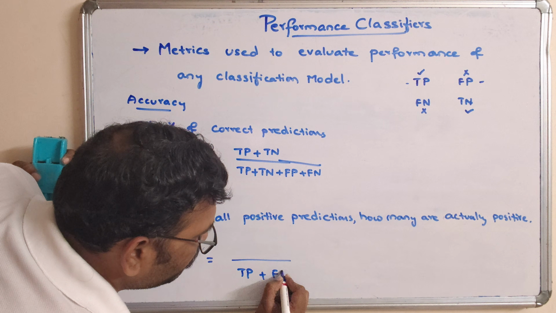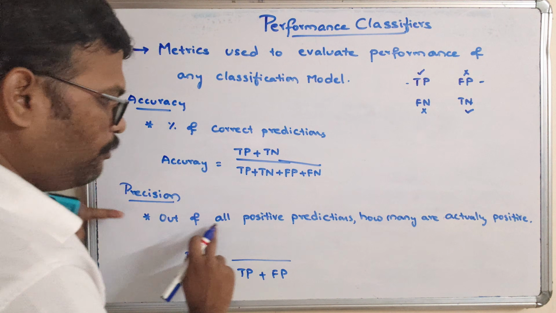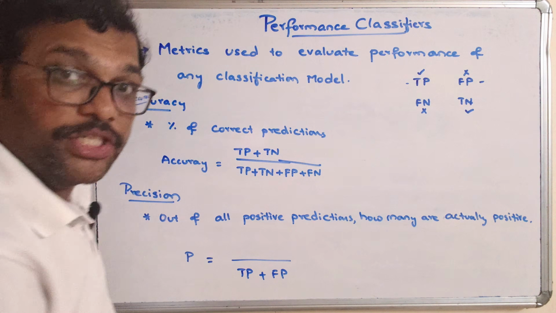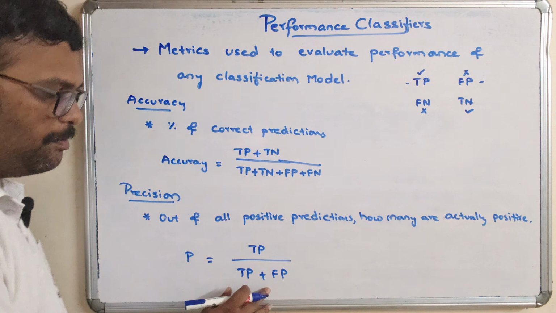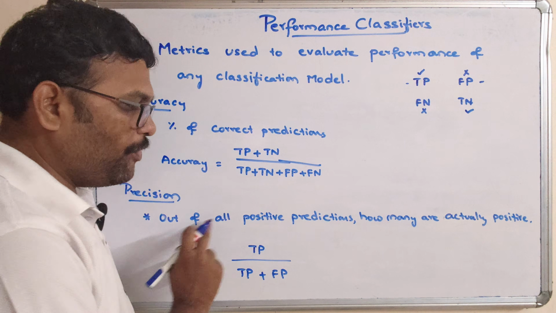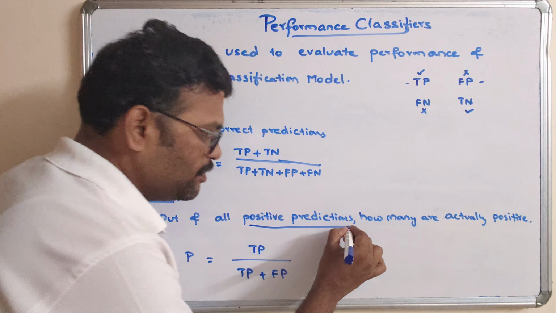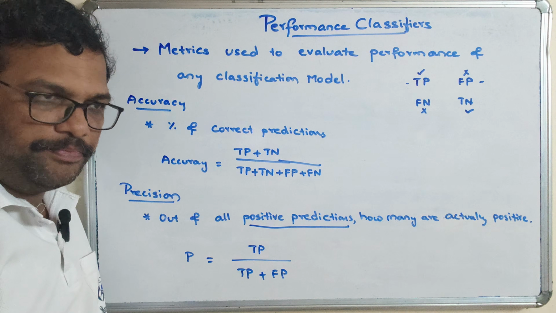TP plus FP, both are positive. So true positive and false positive. So how many are actually positive? Actually positive means true positive. So this is a formula to find out the precision. So out of all positive predictions, how many are actually positive?